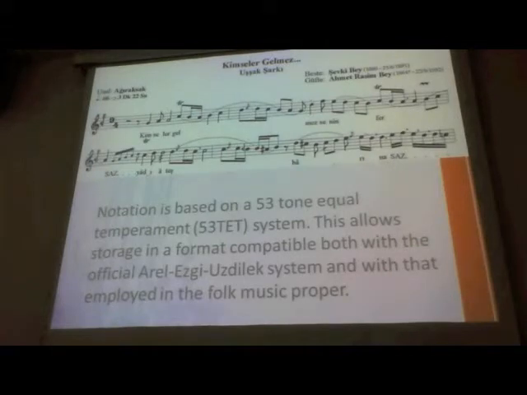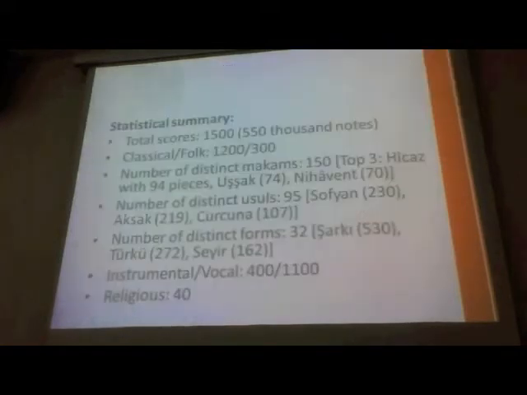We can approach the 53-TET system as a superset of their combinations. And there are some ornamentation symbols. We'll come back to this point. Now there's a summary of statistics.